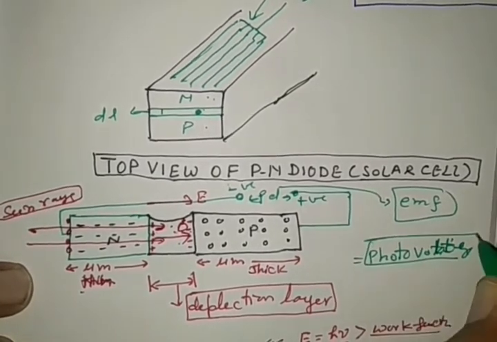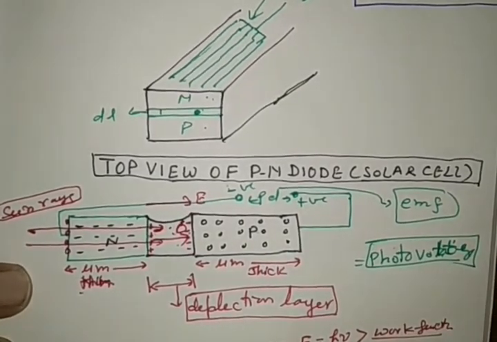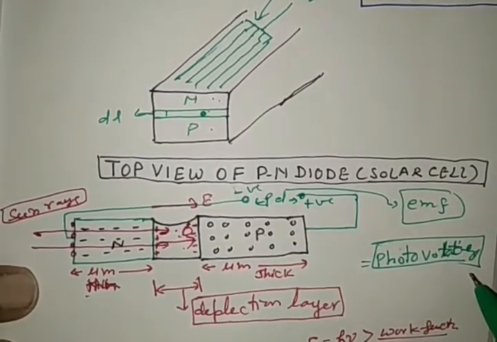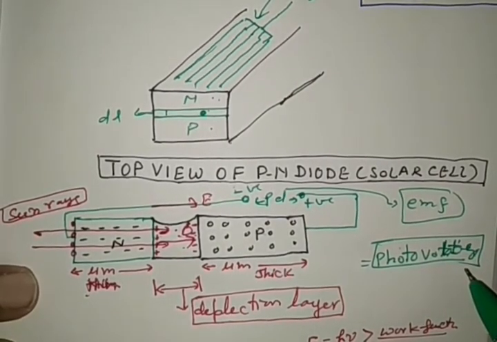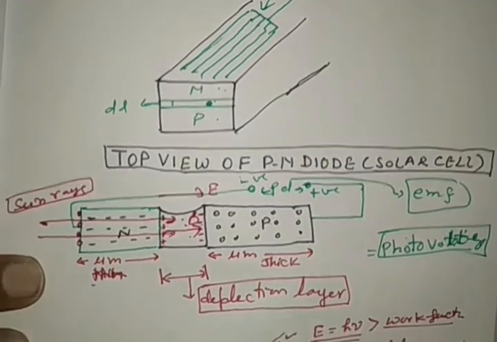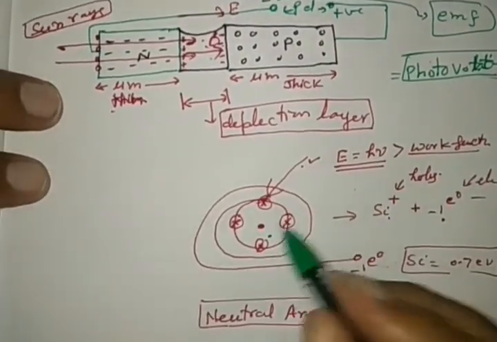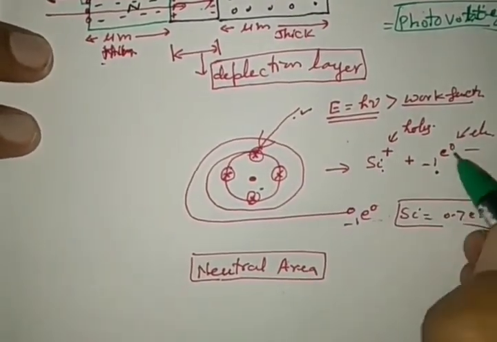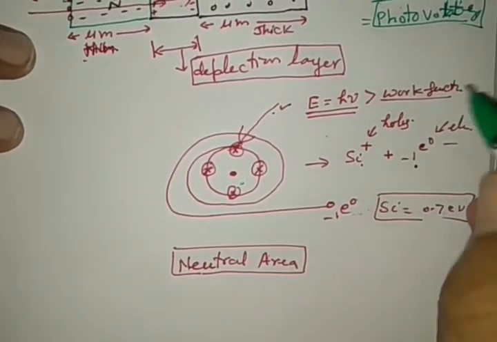Why photovoltage? Because it is produced by photons, light. One photon is responsible for the emission of one electron from a silicon atom.